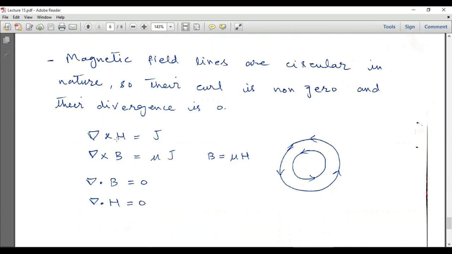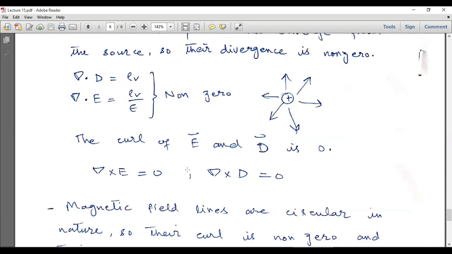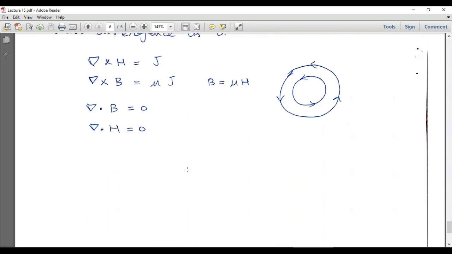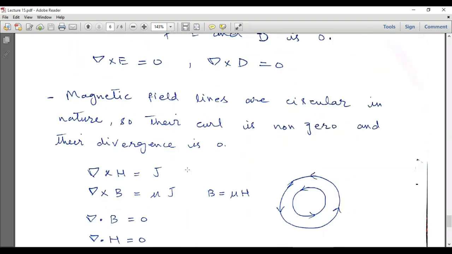We know that del cross H is equal to J, and since B is equal to mu H, del cross H is equal to J and del cross B is equal to mu J. So this is the summary of Maxwell's equations and the short description of the point form of Maxwell's equations, and I hope you have understood the basic concept of these Maxwell's equations.